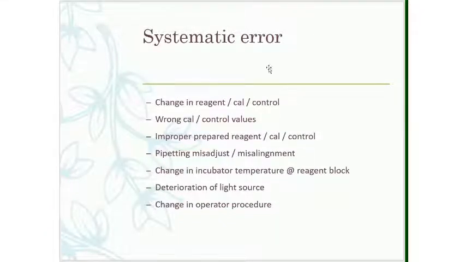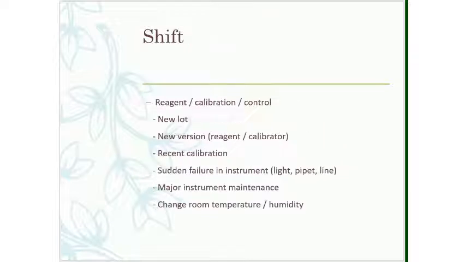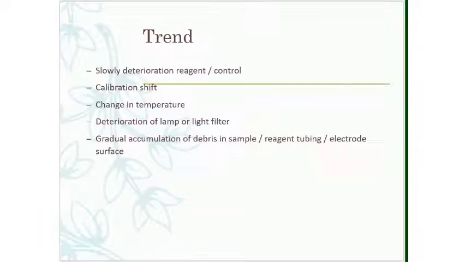And for systematic error, these are major possible causes, such as change in reagent, calibrator or control, wrong calibrator or control values, improperly prepared reagent, calibrator or control, and many more. And this is the possible cause if we see a shift pattern on the LJ chart. And this is the possible cause if we see a trend pattern on the LJ chart.